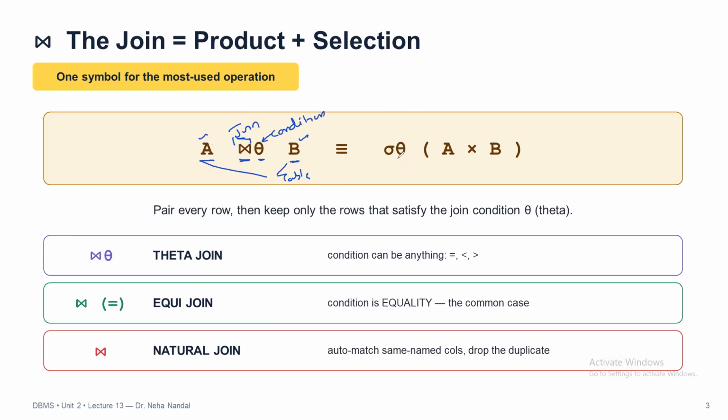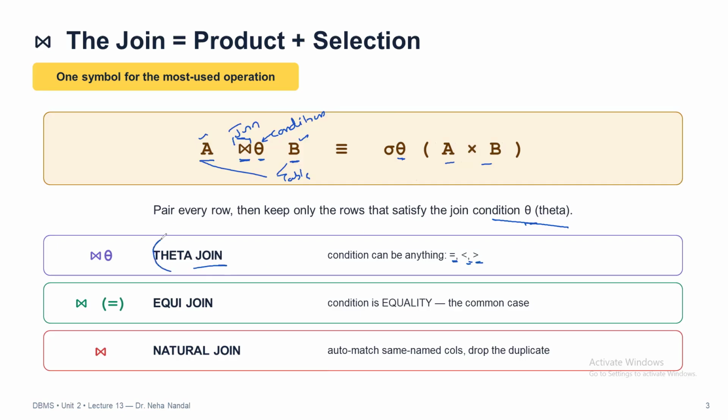So select whatever condition you want, on A Cartesian product with B. The meaning of it is: pair everything. First get all the rows. Then keep only those rows which satisfy the join condition theta. The condition can be anything. With theta join, the condition can be equal to, less than, greater than.